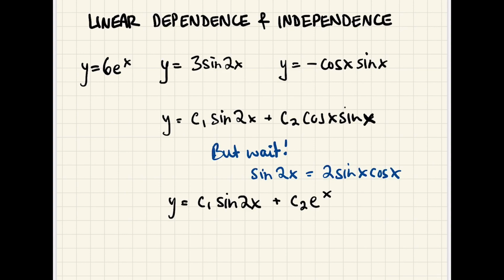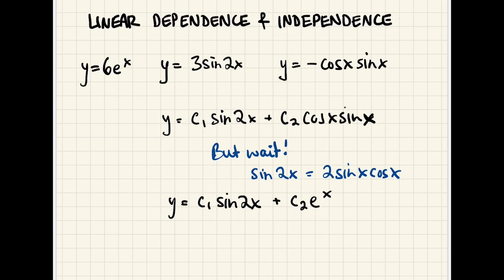The name of the quality that we're putting our hands on here is that sine of 2x and cosine times sine are linearly dependent, meaning one really is just dependent on the other, whereas e to the x is independent of these other ones. So there's no way to express e to the x in terms of purely sine 2x and cosine times sine.